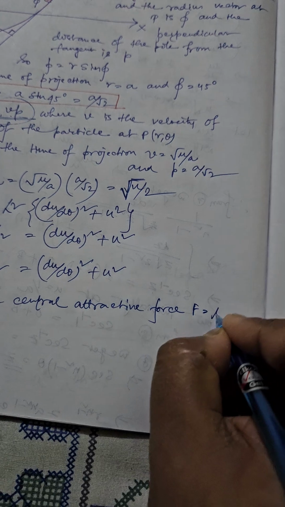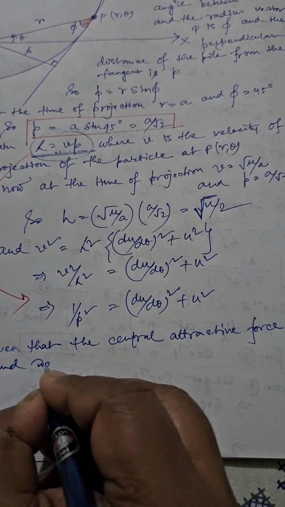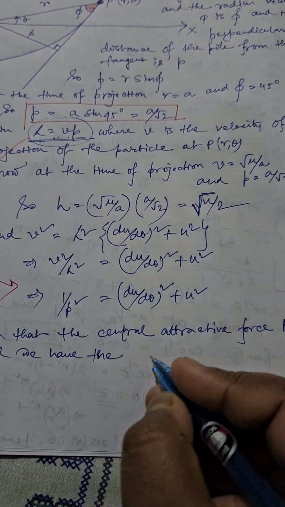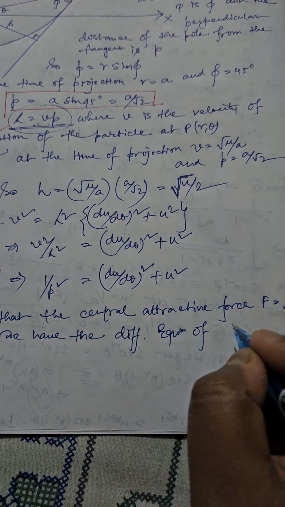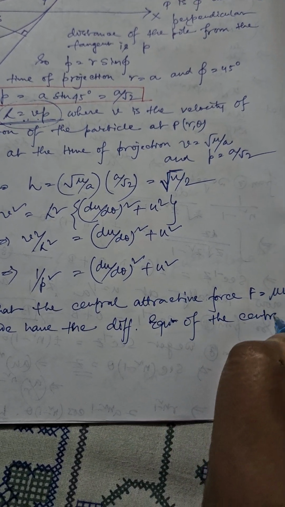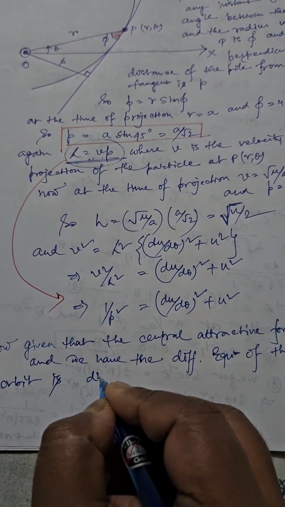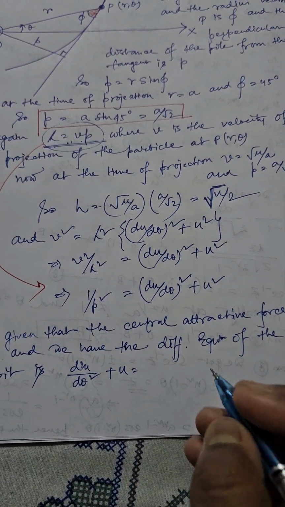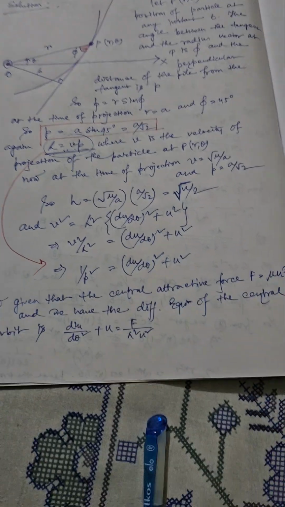F is equals to mu u cube, and we have the differential equation of the central orbit is d2u d theta 2 plus u, that is equals to f by h square u square.